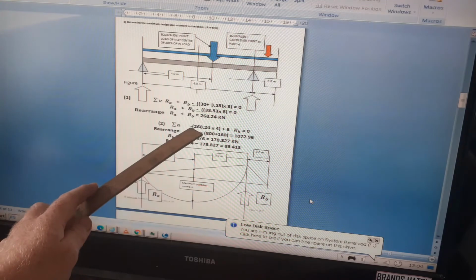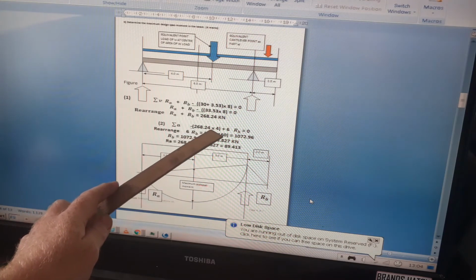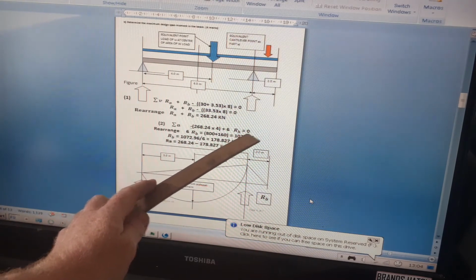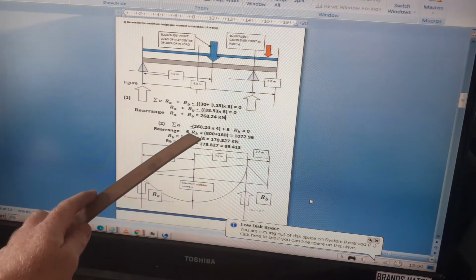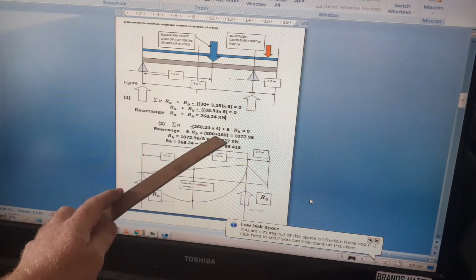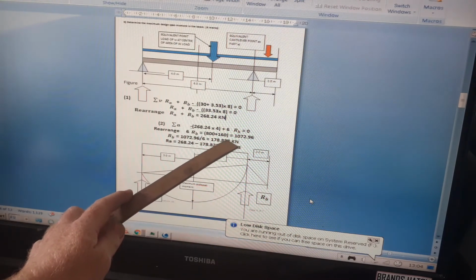So we get minus 268.24 times 4 plus 6 RB equals 0. So we rearrange this and we get 6 RB equals 800 plus 160.